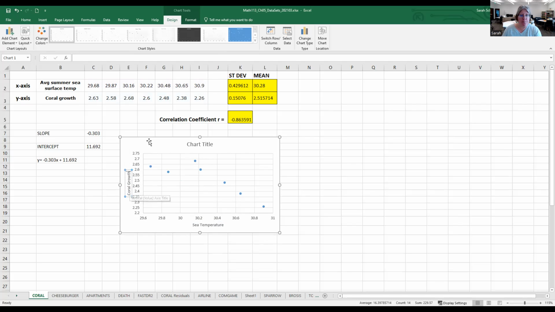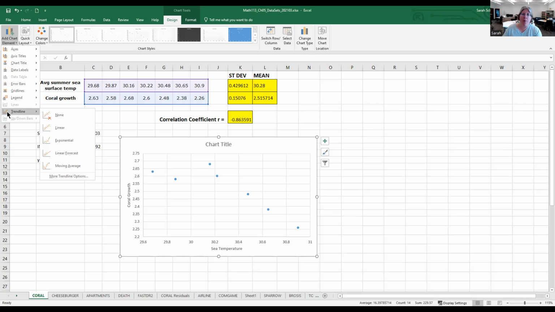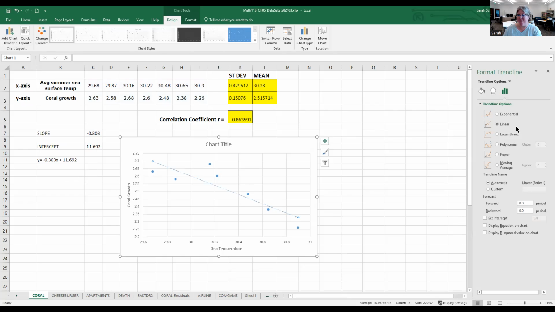Right. And then to fit a regression line on here, so we did look at this briefly in chapter 4, and we went to add a chart element, and we went down to trend line, and I told you to click on linear. So if you want to do more with the trend line, instead of doing linear, you want to bypass that and go down to where it says more trend line options. When you click on that, it should open a panel on the right side.